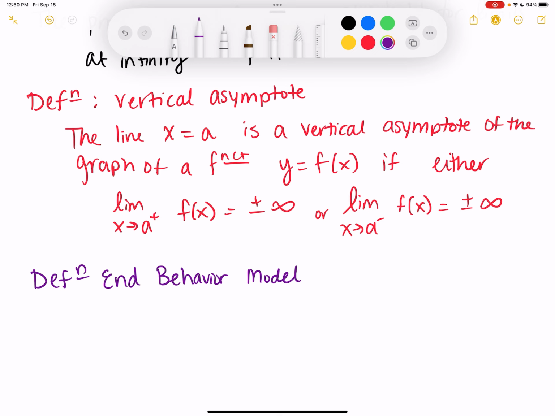It was basically what happens as x gets really, really big or really, really small. So as x got really far this way or really far this way, what happened?